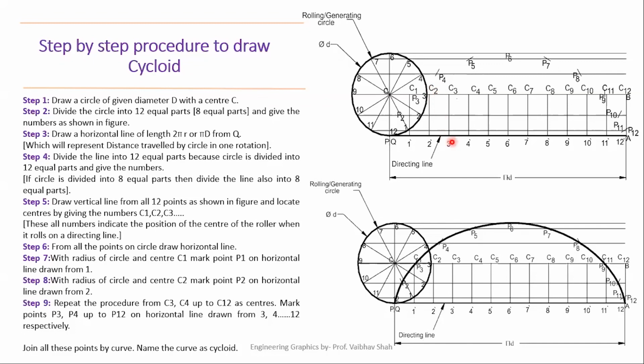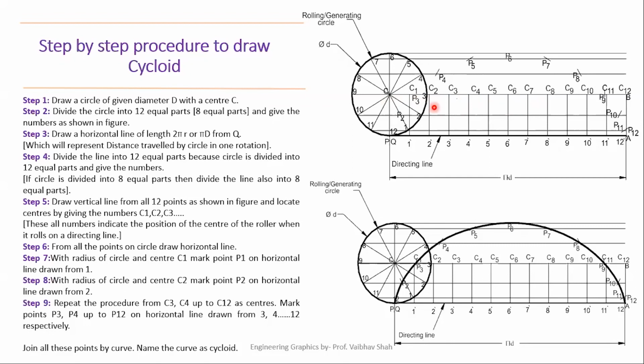Likewise, we will transfer each of the points vertically upwards to get our center points C3, C4, C5, C6, C7, C8, C9, C10, C11, and C12. These points denote the location of 12 different positions of the center of your circle while it is rotating on this straight path in the rightward direction.